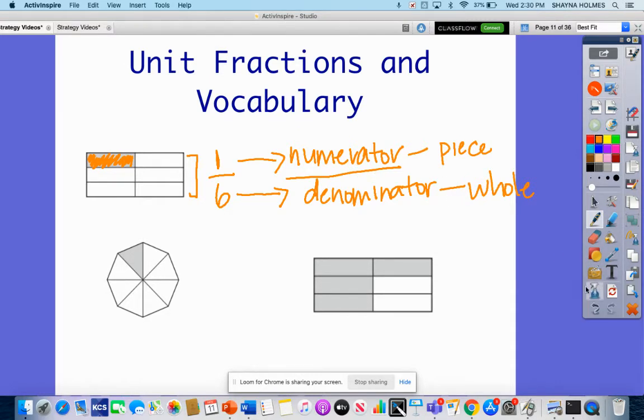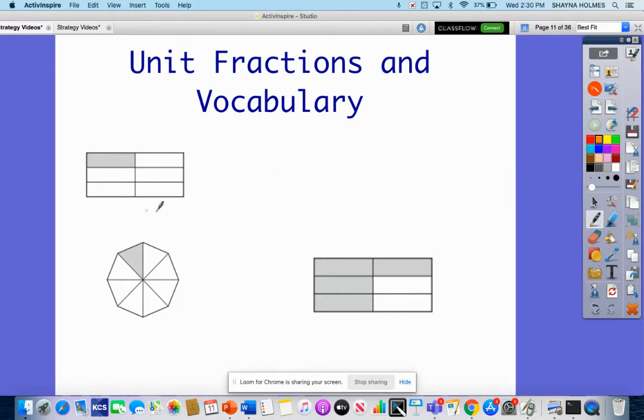Now, when you have a fraction that has just one piece, like this one right here that we said was 1/6, this is called a unit fraction. This is a special type of fraction that just represents one piece out of a whole.